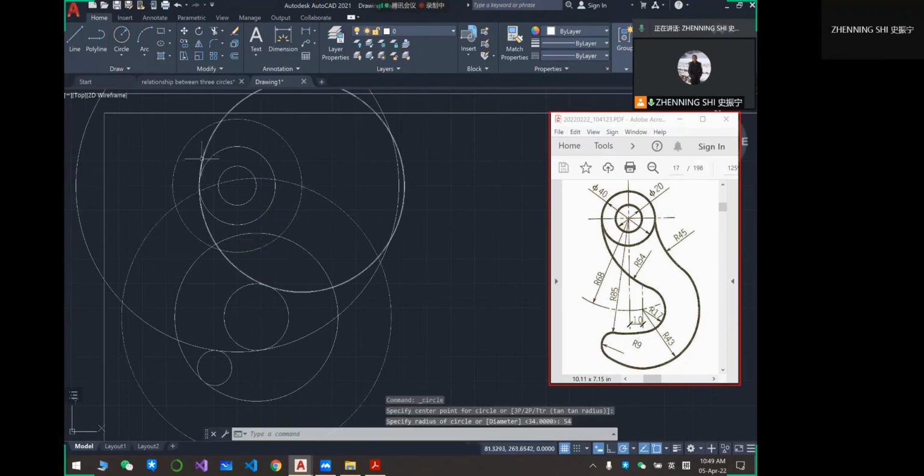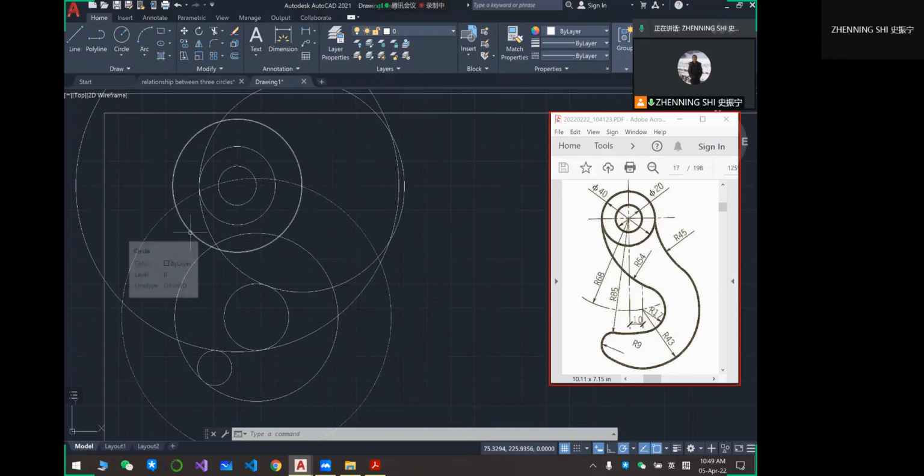So now you can see this circle is both inscribed with this circle and circumscribed with the circle R17. Okay, so I think it's not very hard. And now I'll delete the auxiliary circle.